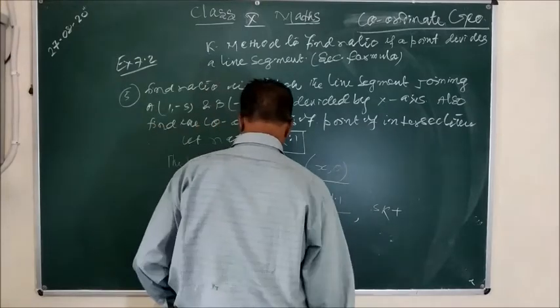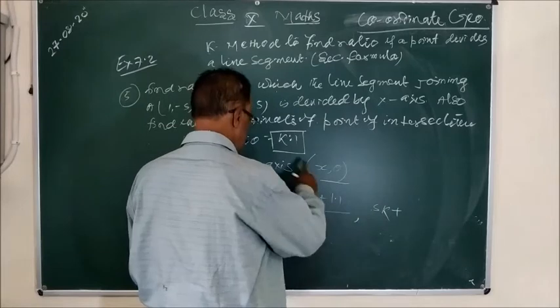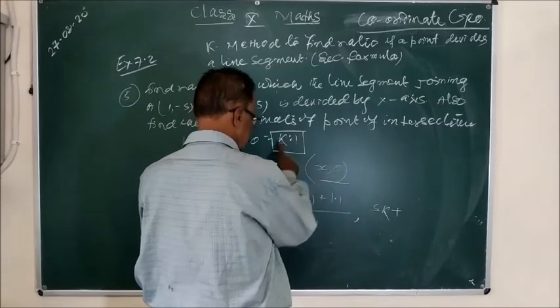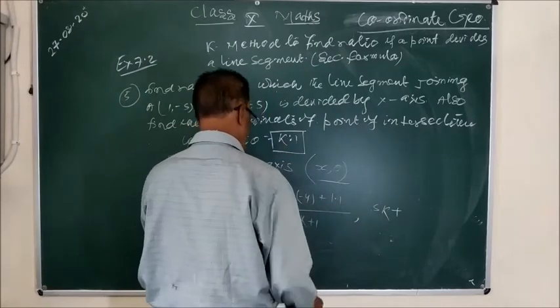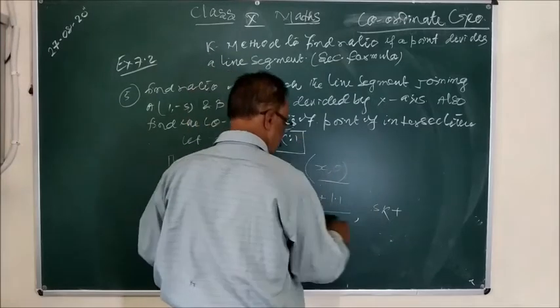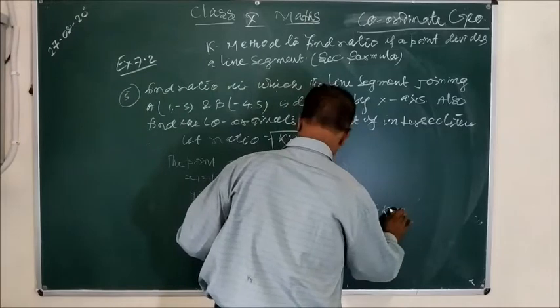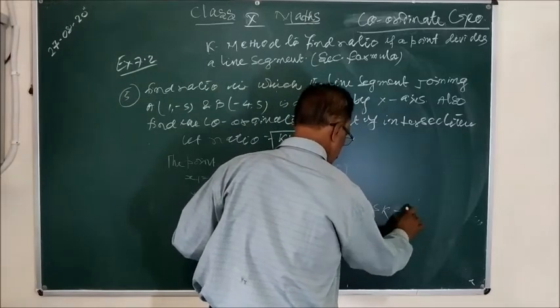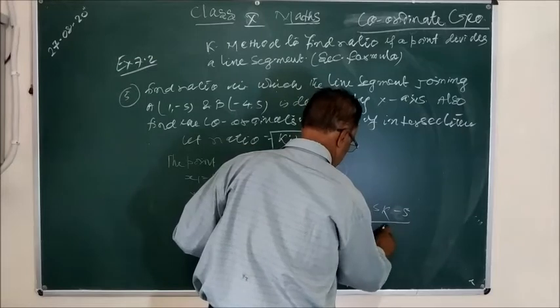And y is 5k, plus 1 into minus 5, so this will be 5k minus 5 upon k plus 1.